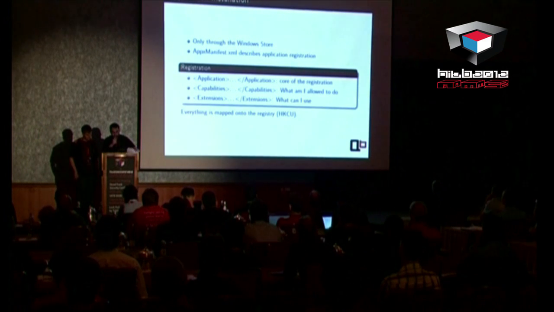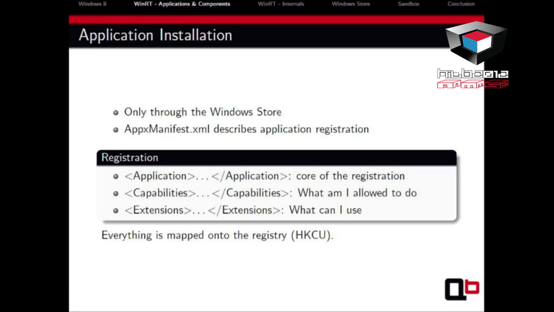For installing an application, you simply go through the Windows Store, and inside a package you have an appxmanifest.xml, which describes an application registration inside the registry. So the Windows registry is still at the heart of WinRT and Windows 8.